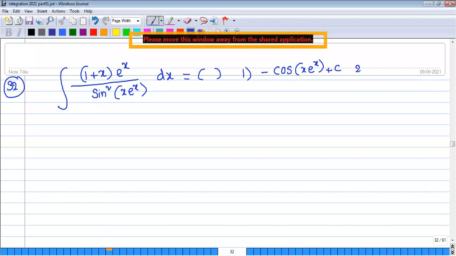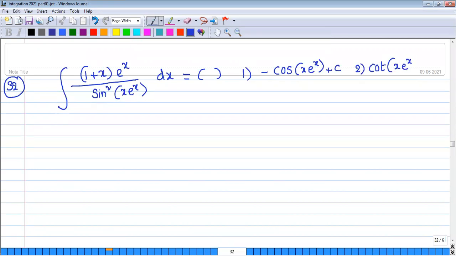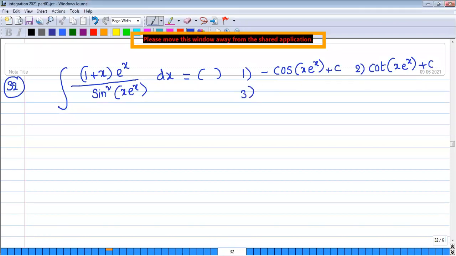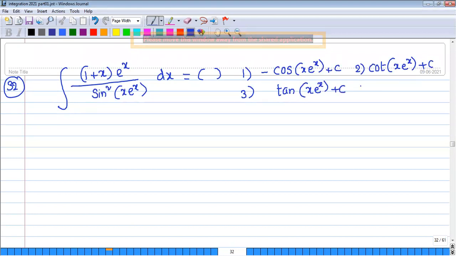Second, cot of x e power x plus c. Third one, tan of x e power x plus c. Fourth one, minus tan of x e power x plus c.